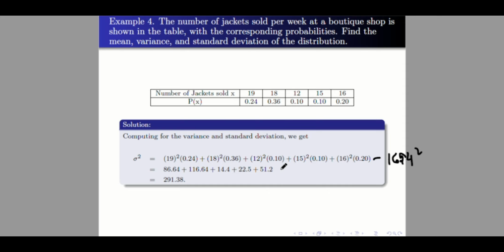I will compute 16.94 square. So we have 286.9636.